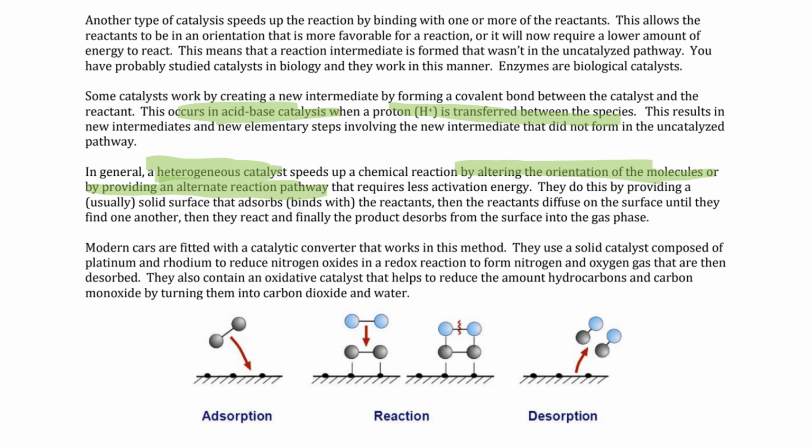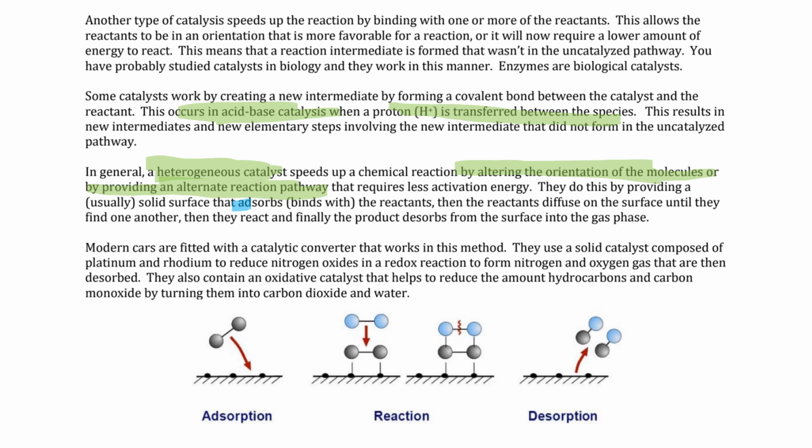What we mean by altering the orientation is that they do this by providing a usually solid surface that adsorbs, so that prefix ad, so it sticks to something, binds with the reactants, and then the reactants diffuse on the surface until they find another, and they react and finally the product desorbs from the surface into the gas phase.